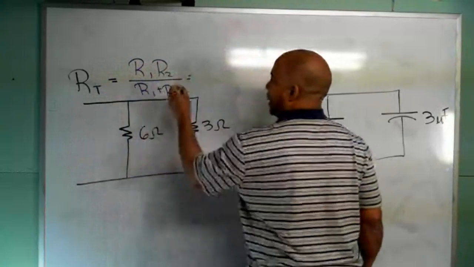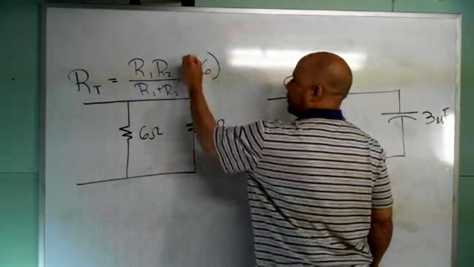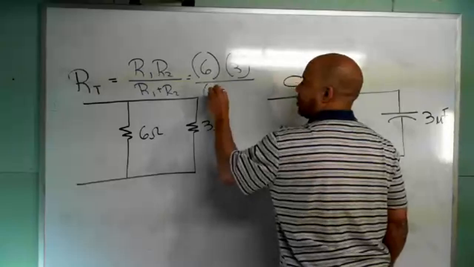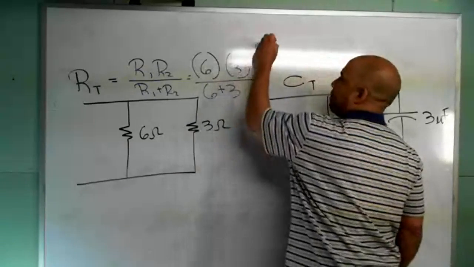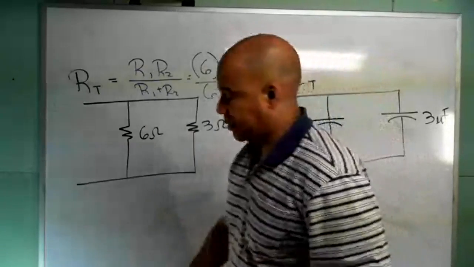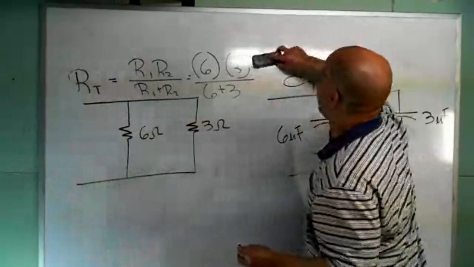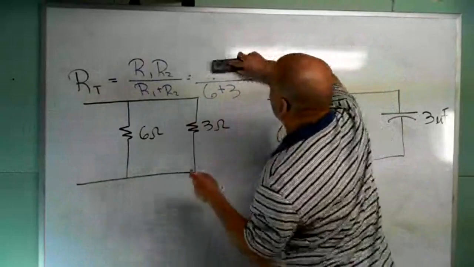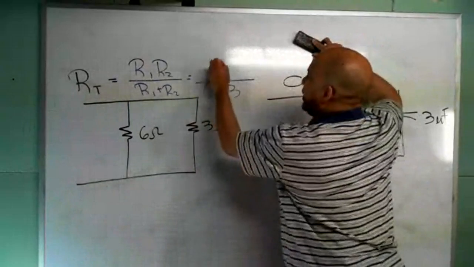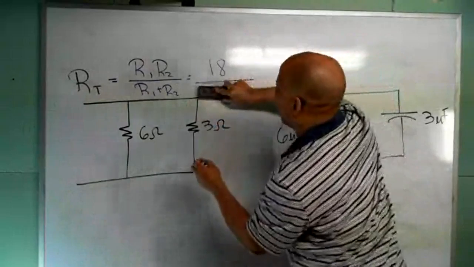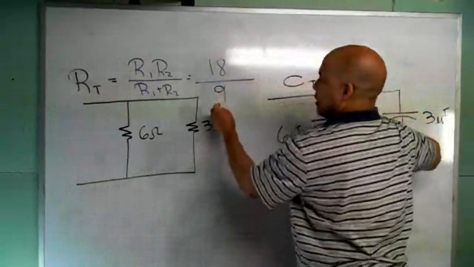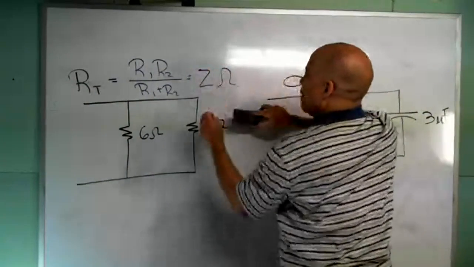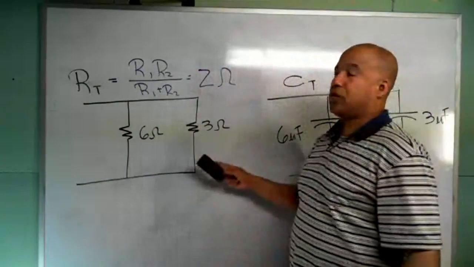So I've got 6 ohms times 3 ohms over 6 ohms plus 3 ohms. On the top, 6 times 3 is 18, and on the bottom, 6 plus 3 is 9. Dividing, I get 2 ohms. So the total resistance is 2 ohms.